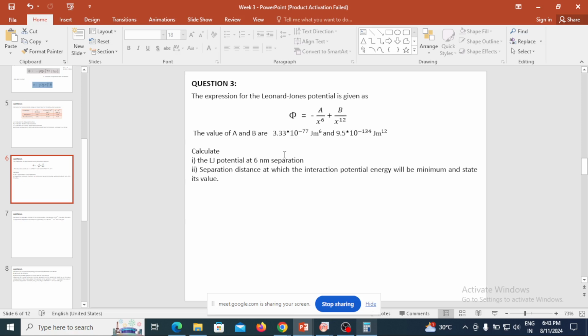Any thoughts on how to do the second one? Yes, any thoughts?